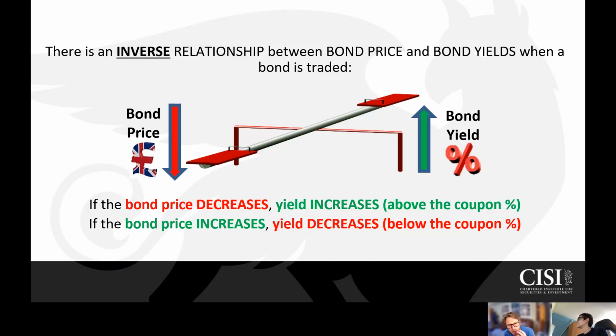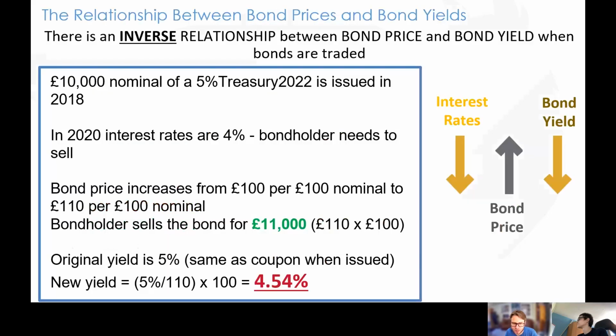So there's this inverse relationship again, and we'll show you again, using examples of how that would work. If we take the example we had before of a £10,000 nominal bond, 5% Treasury 2022, issued in 2018, with exactly the same scenarios we had when looking at how interest rates can change bond prices.